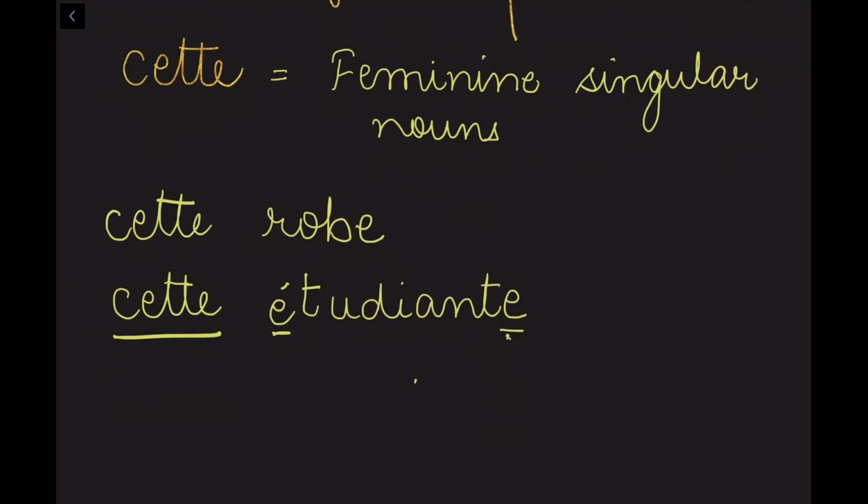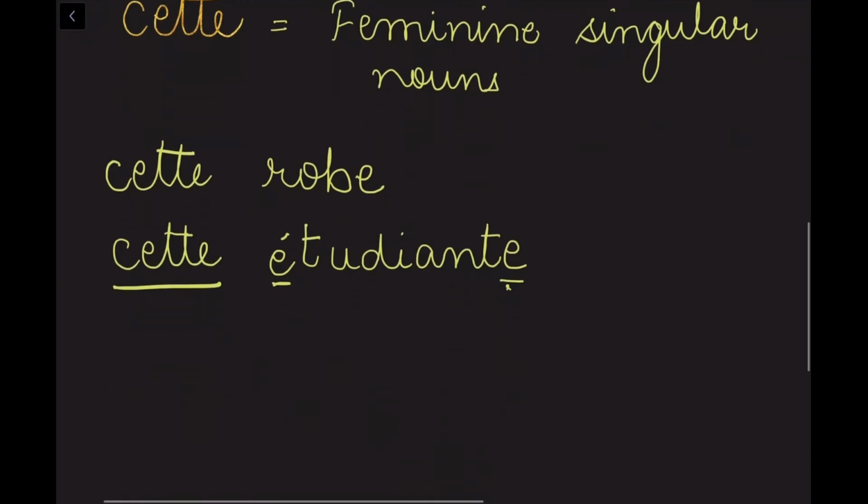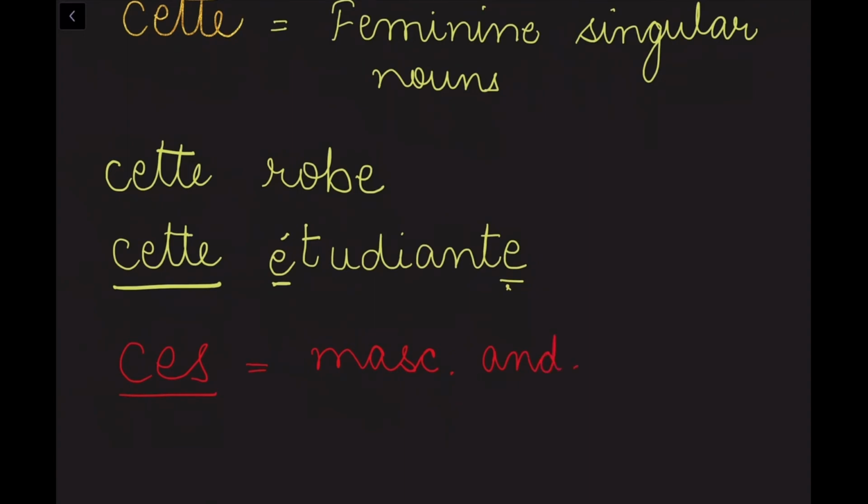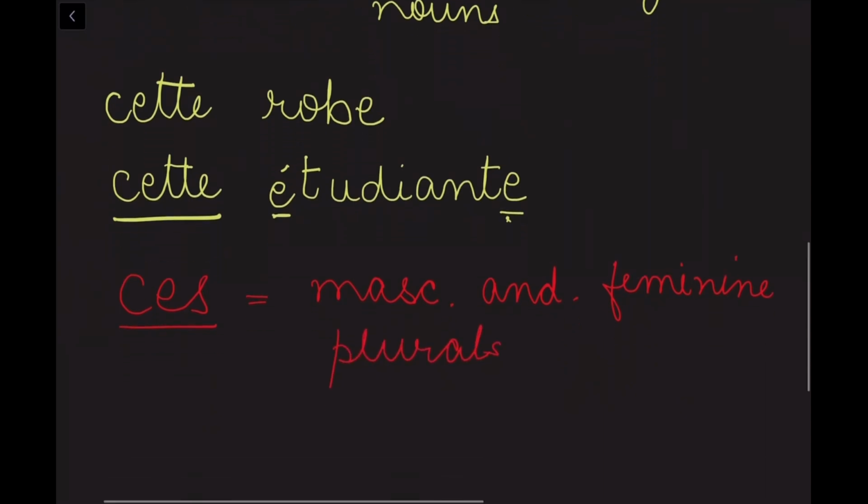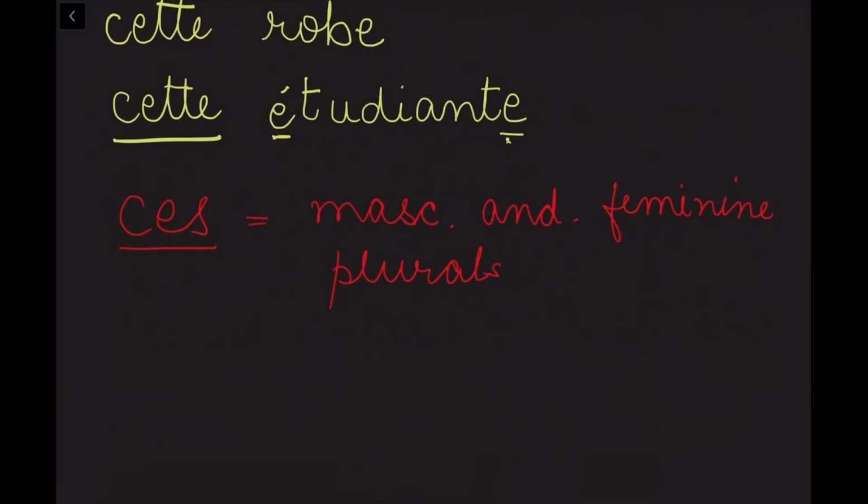Okay, now we go to the last one. And the last one we are doing is ces, that is pronounced say. Okay, and this is used for masculine and feminine plural nouns. Masculine and feminine plurals. So if it is plural, then you need not think, you just put ces.